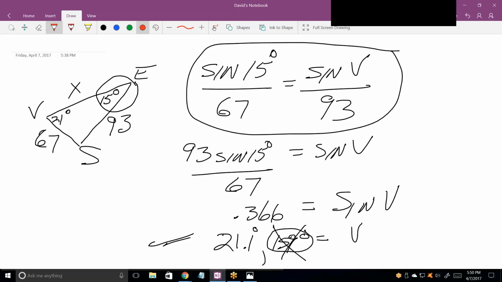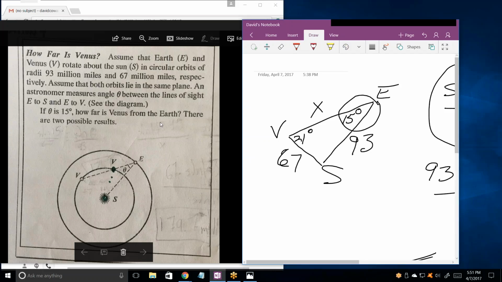Now the only way it can be 159 degrees. I'm not sure what's happening here. Part of it, let me see what the question is again.